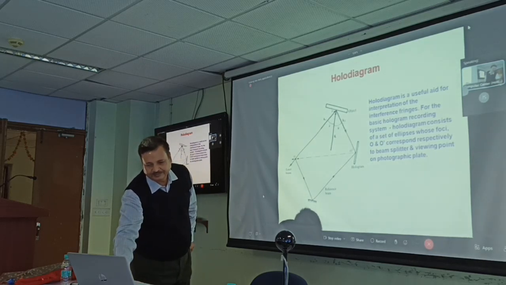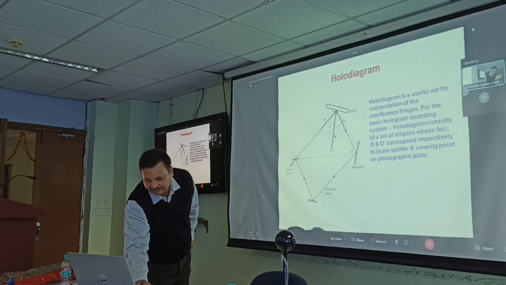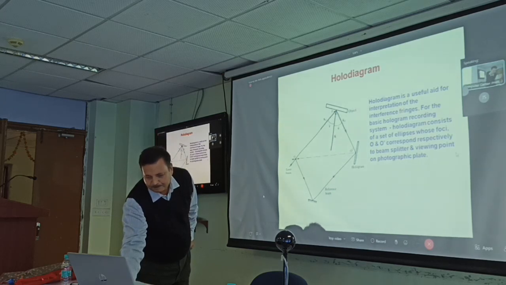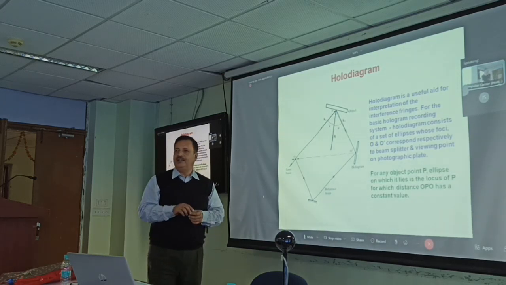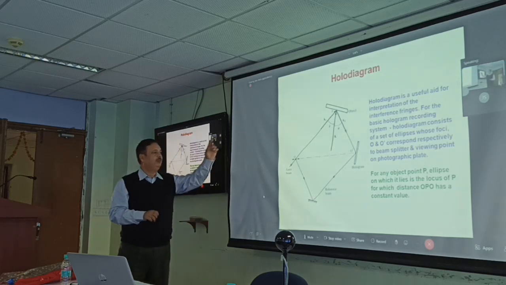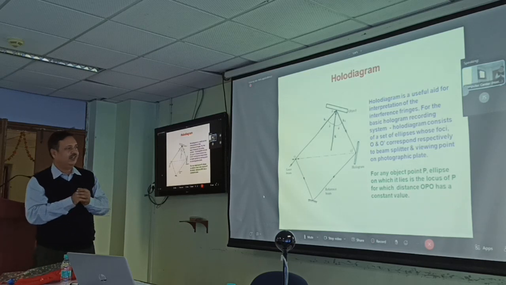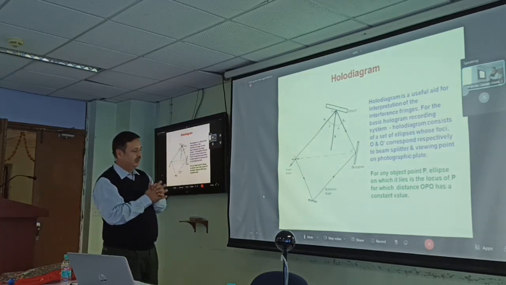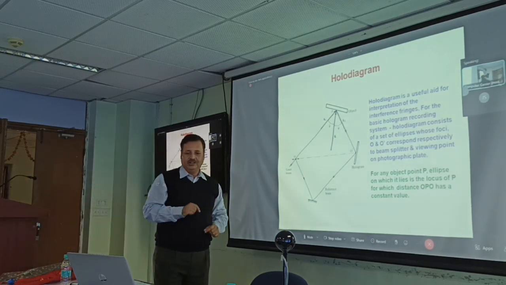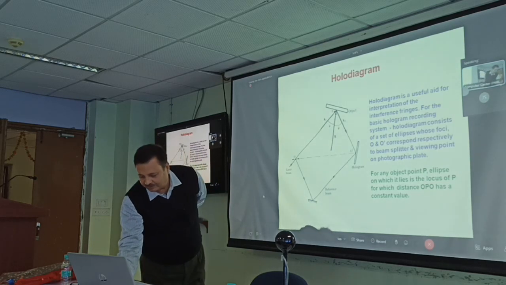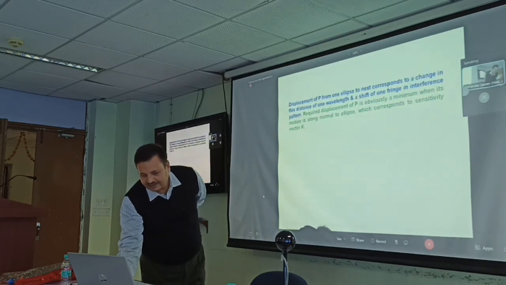Knowing about the fringe patterns: for any object point P, there will be an ellipse on which P lies, a locus for which the distance OPO' has a constant value. So you can create this kind of structure.